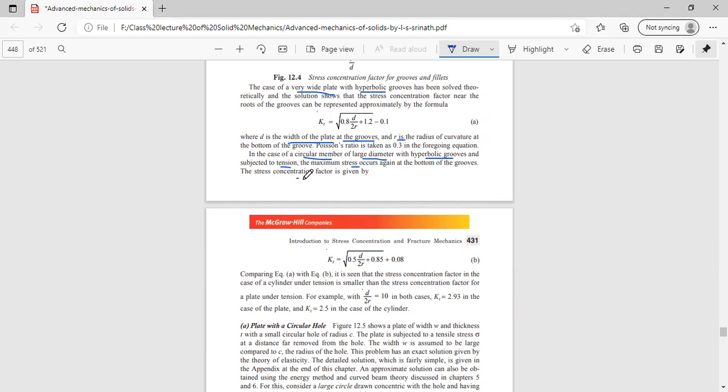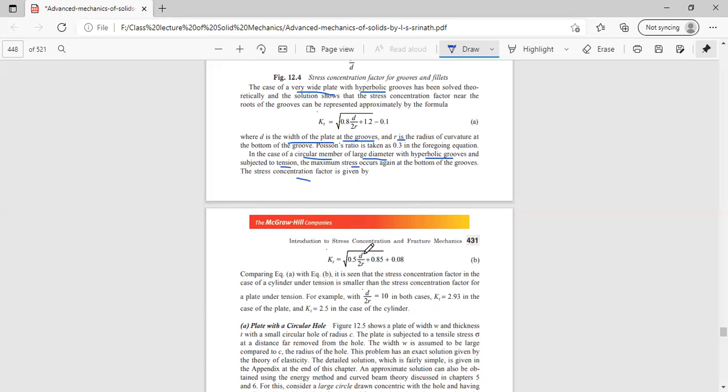The stress concentration factor is given by Kt equals the square root of 0.5 D by R. Here it was 0.8, but now it is half of the ratio of the width or the diameter of the groove.